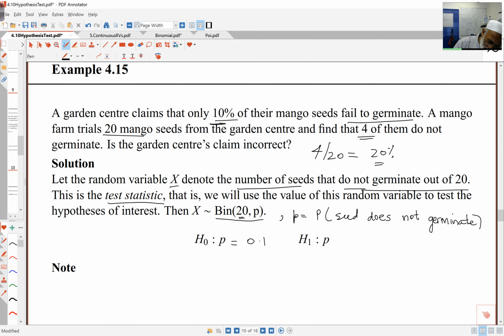So here, essentially, the idea is that if more than 10% don't germinate, then the claim doesn't hold.